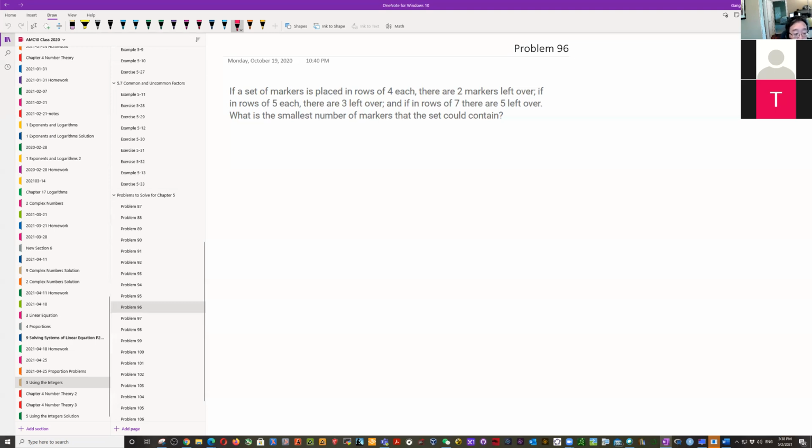So basically, if I'm trying to get the smallest number of markers, I can say that the number of markers is congruent to 2 mod 4, because you arrange them in 4 each row, and there are 2 left over.